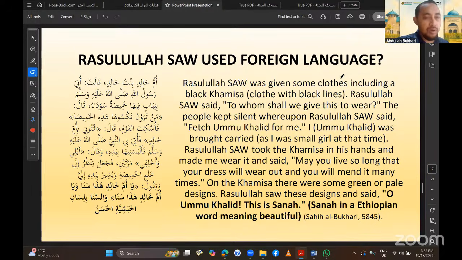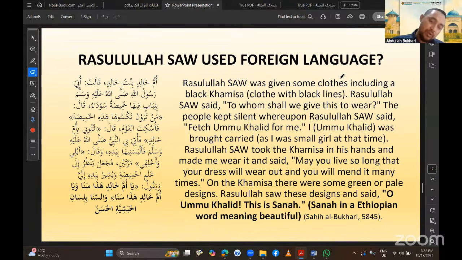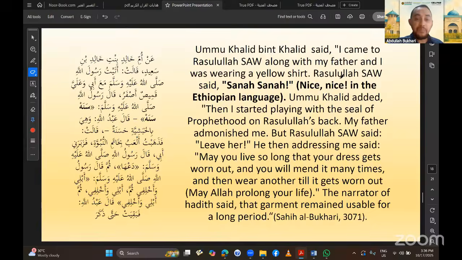This is to show all of us that learning language is part of the religion, because Rasulullah sallallahu alaihi wasallam, as I said earlier, once instructed Zayd bin Thabit to learn a different language, the Jewish language, and Rasulullah himself knew some words in another language, such as the Habesha or Ethiopian language.